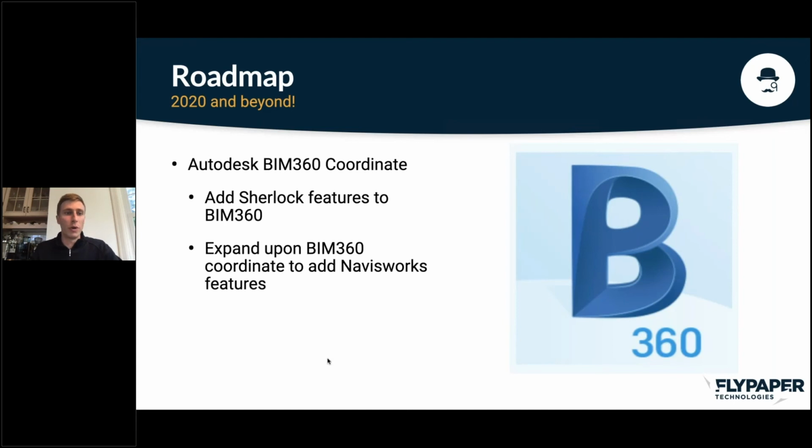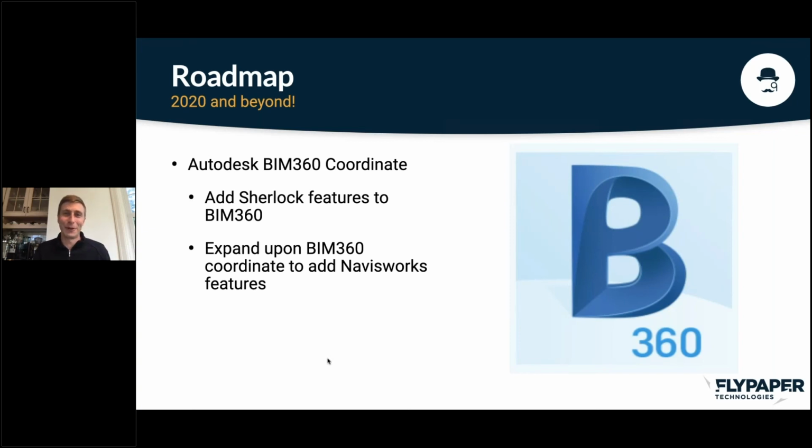In the near term, we believe we'll be adding the Distill, Heat Map, and Orient features to Vim 360 Coordinate. And then we have heard from a lot of our customers that they're not really excited about switching to Vim 360 Coordinate because it does lack a lot of what Navisworks can do. And Navisworks can do a lot.